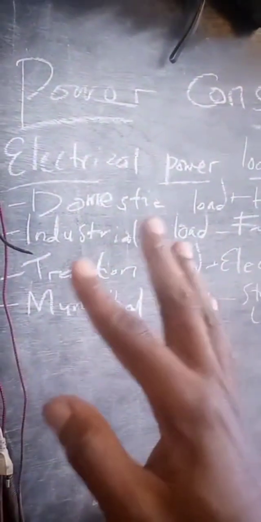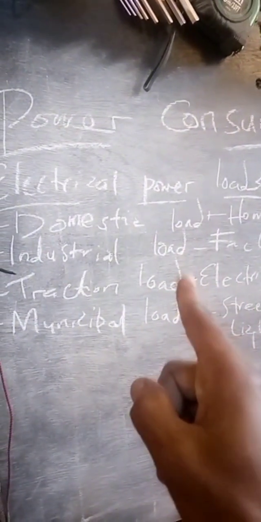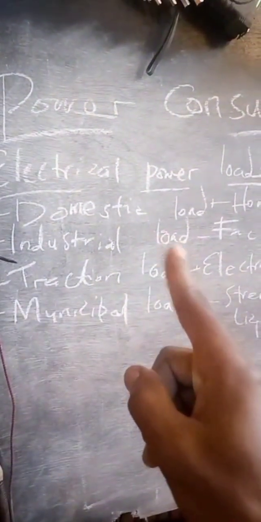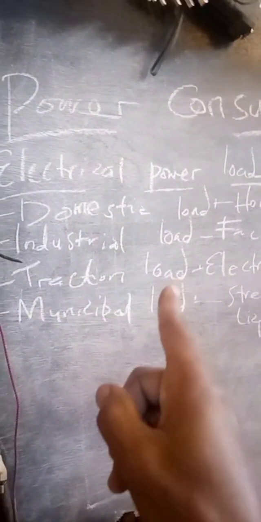We shall be going into details about each of these loads separately, but for now my interest was just to make you understand the distribution and the consumption of load.